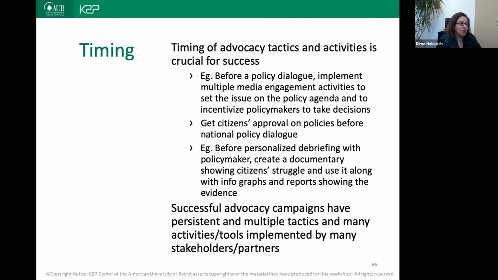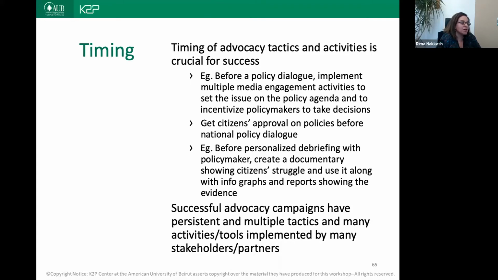So before a policy dialogue, being able to implement maybe media engagement activities to at least prime the topic on the policy agenda and incentivize policymakers to take decisions on this, to engage. Rana talked about the value of citizen engagement, to engage citizens and have their approval on policies before starting a national policy dialogue, and have very personalized debriefing with policymakers, potentially supporting the objective of the advocacy campaign, and showcasing citizens' viewpoints.